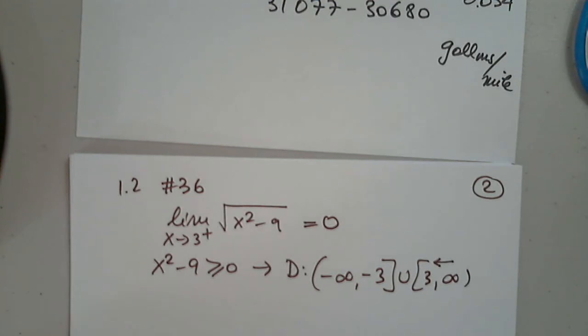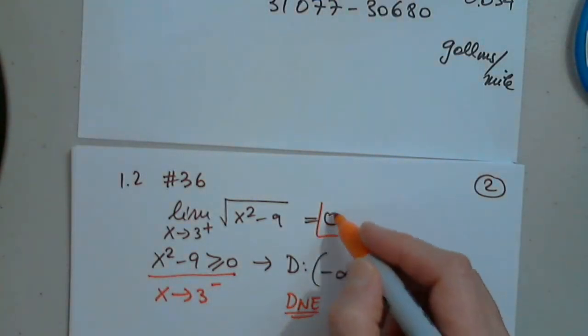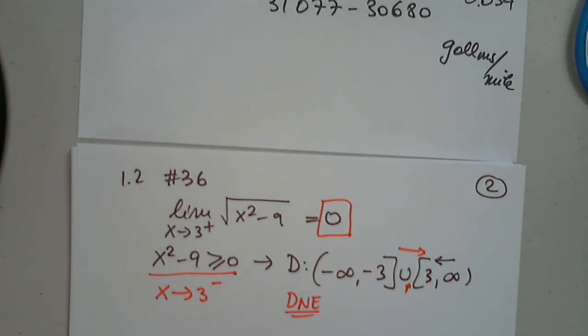Now, if the same is asking for the limit as x approaches 3 from the left, you have to say DNE, because 3 from the left, right here, the function does not exist. But this analysis is part of the problem. Just writing 0 will not bring too much credit.